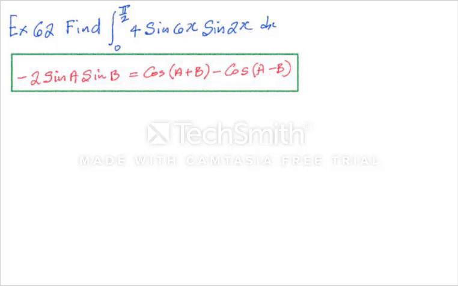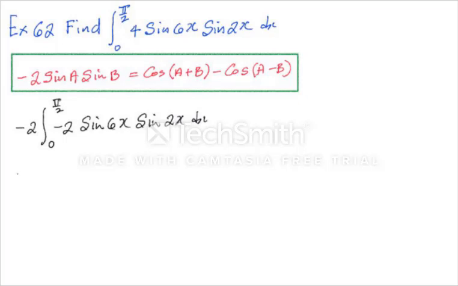So if I, let's say, separate 4 into minus 2 times minus 2, I'm going to have minus 2 times the integral from 0 to pi by 2 of minus 2 sine 6x sine 2x dx. All right. Now, by separating it like this, I get what I'm integrating to look like the identity.